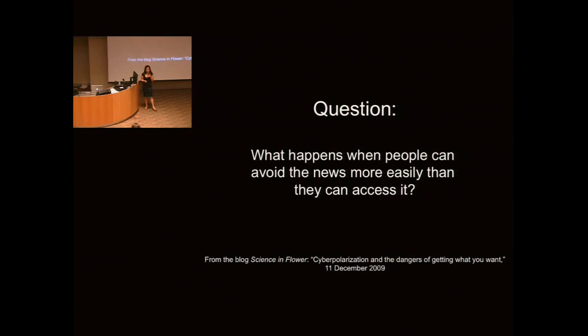And so the question we have to ask is, what happens when people can avoid the news more easily than they can access it? What does this mean, right? They're now only giving themselves access to biased information. And as we have the younger generation growing up, what's happening to them, right? How are they forming their knowledge about the world if they don't have access to a wide diversity of opinions and of information?